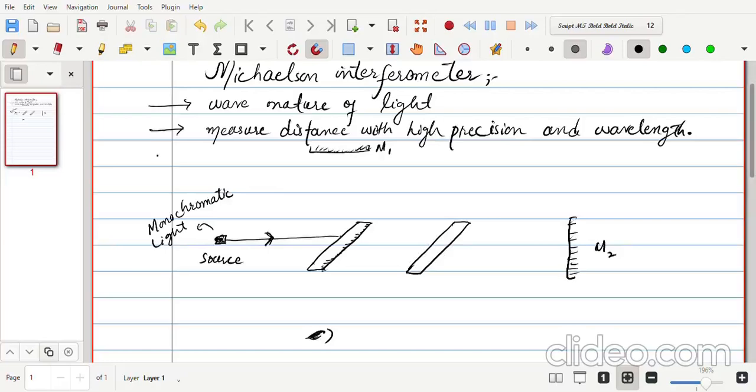We are considering one ray of light moving towards the partially reflecting mirror. This light ray enters the medium, and some part of it reflects and some part refracts. The reflected part goes up to mirror 1. The second part moves straight and enters the glass, which is called the compensating glass.